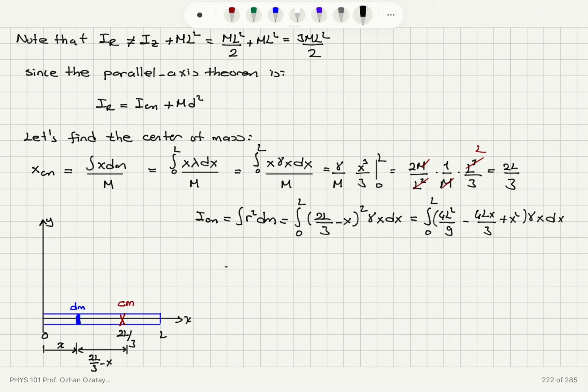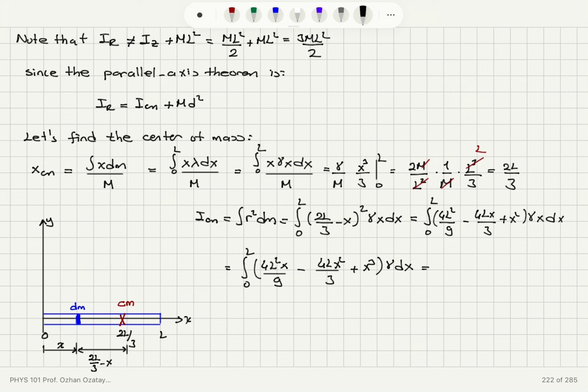So this integral will become, from 0 to L, 4L squared x divided by 9, minus 4L x squared divided by 3, plus x cubed, times gamma dx.